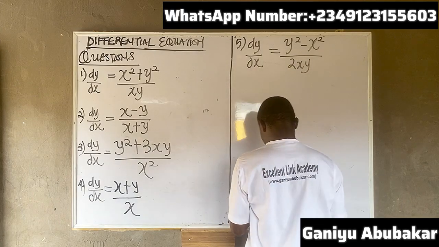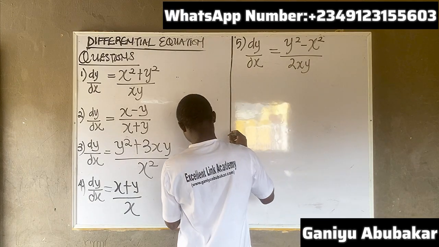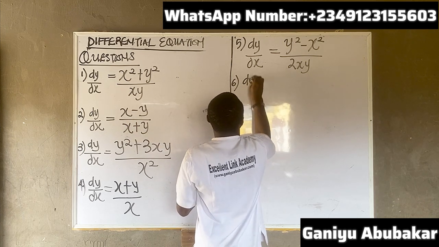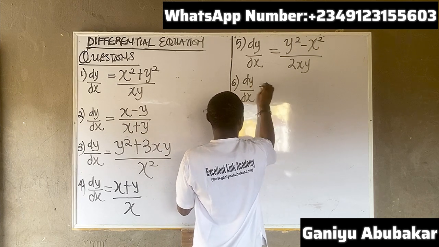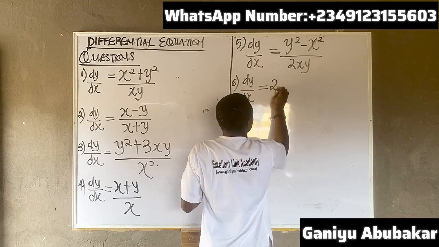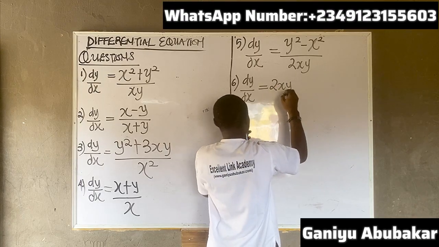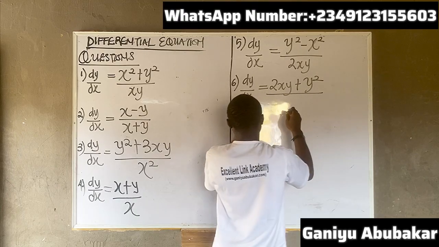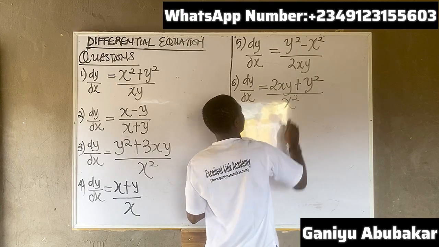Number 6 is given by dy over dx equal to 2xy plus y squared all over x squared.